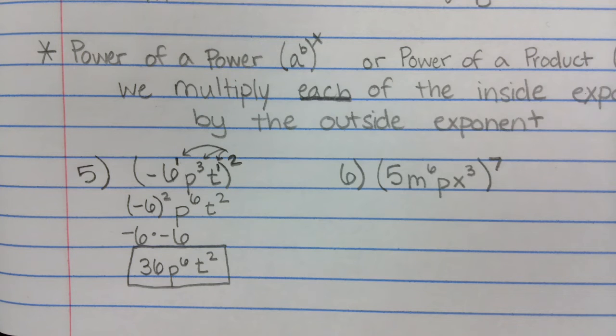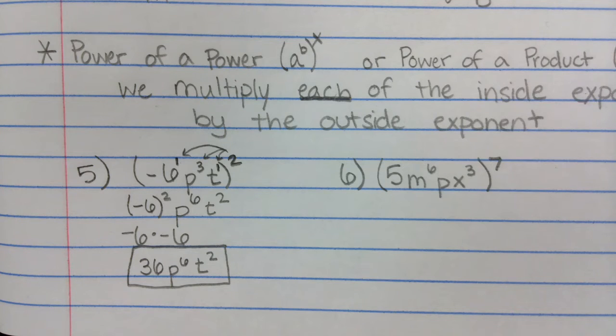So what's really great about this lesson is if you don't understand the rule, you can always go back to writing it all out, right? How many times would you write 5m to the 6th p x to the 3rd? How many times are we taking this whole inside? 7 times.